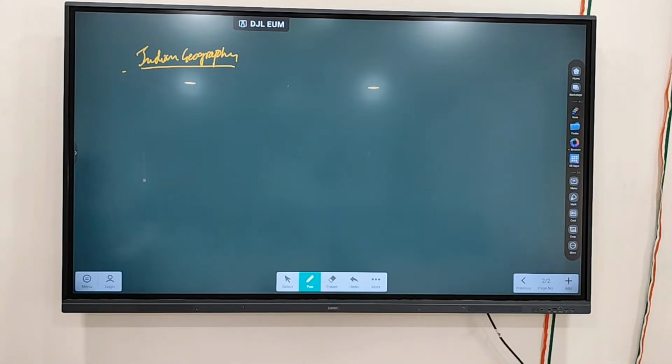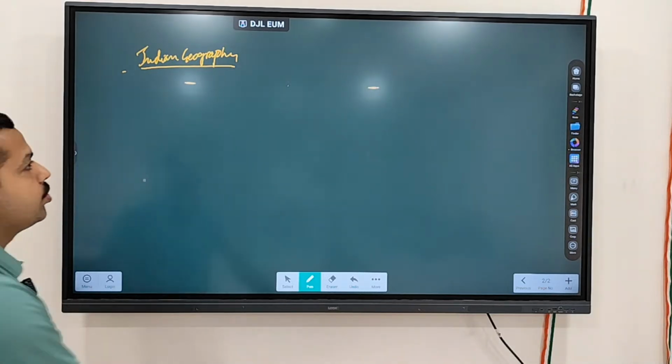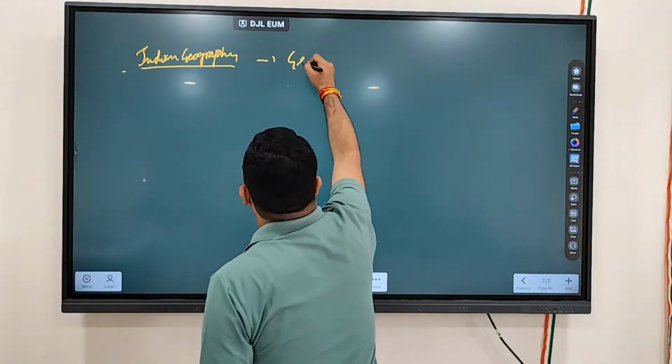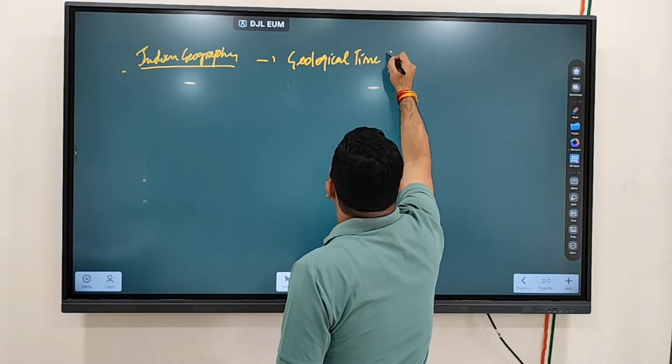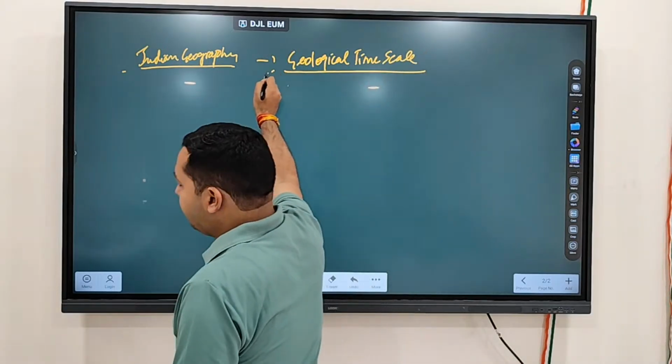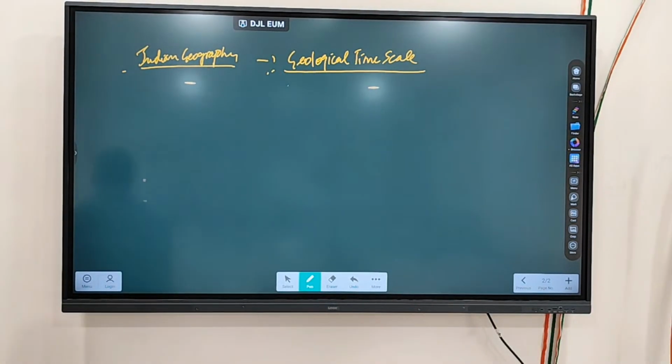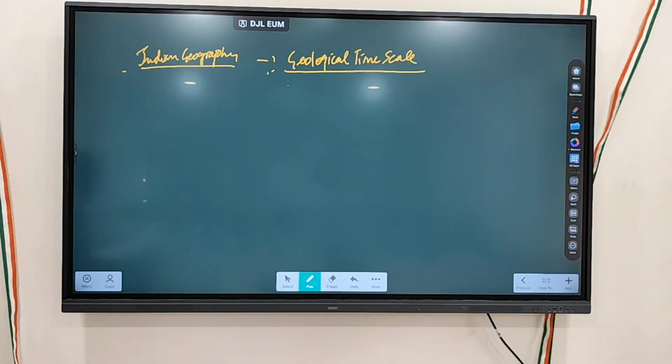Fine. So to study Indian geography, first you have to study the geological scale or geological time scale. The first concept that you have is the geological time scale. What is the geological time scale?